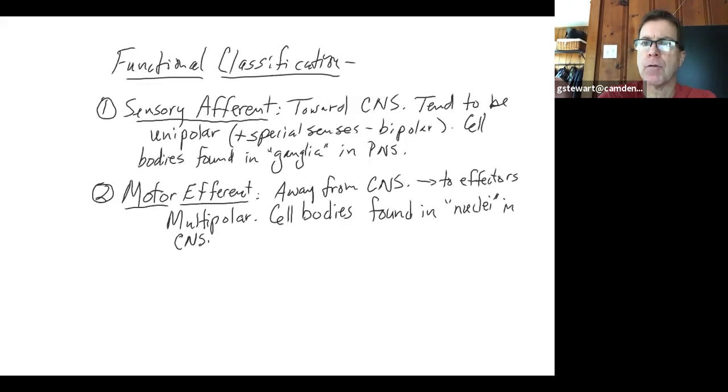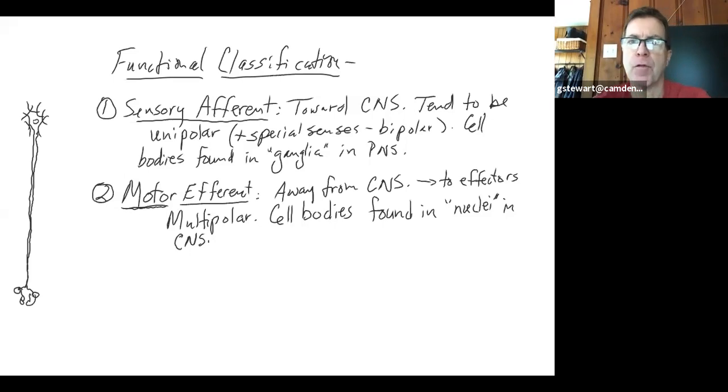If a motor neuron goes all the way out to your toes, for example, to regulate a muscle contraction, the cell bodies of these multipolar neurons are way in the central nervous system, either the brain or the spinal cord, and then their long axons are what extend way out into the peripheral nervous system. So those motor neurons, depending on what they need to innervate, what their effector organ is, can be very, very long.